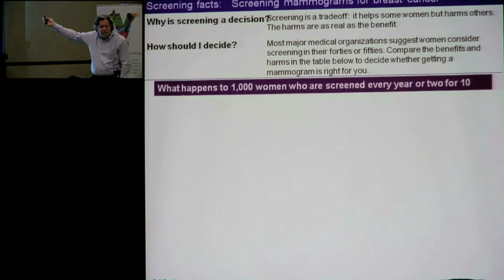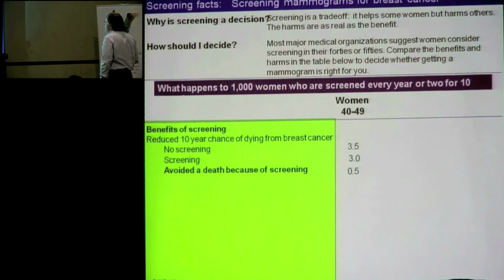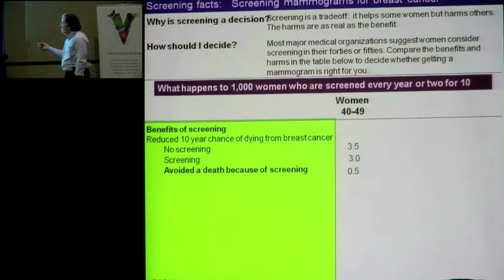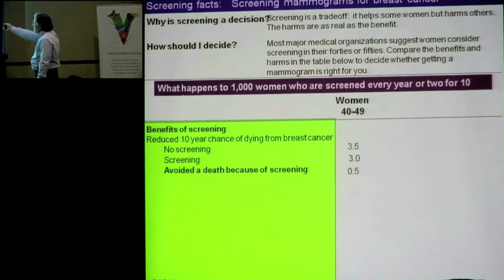Woloshin and Schwartz have been trying to educate doctors and journalists to explain things more clearly. So they try to break down what happens to 1,000 women who are screened every year or 2 for 10 years. Well, for women 40 to 49, the benefit of screening is the reduced 10-year chance of dying from breast cancer. Without screening, 3.5. With screening, 3.